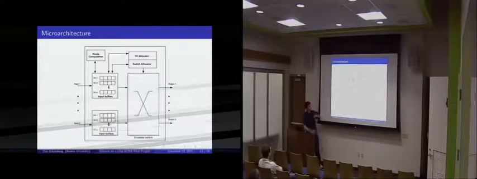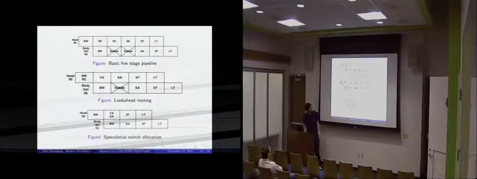So this is the general diagram of the router. And I've drawn at the top this 5-stage pipeline. The idea is that at each cycle, I'm going to do something with an element of a packet. And so the first thing that comes in is this head flit. And I go through this pipeline where at the top, the first thing I do is a buffer write.